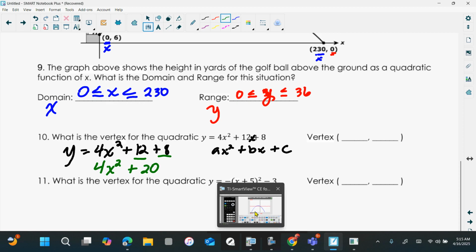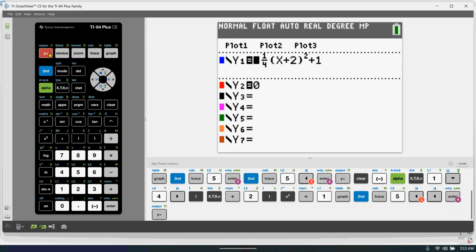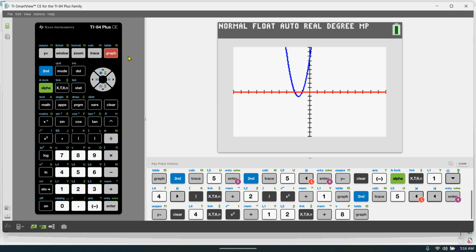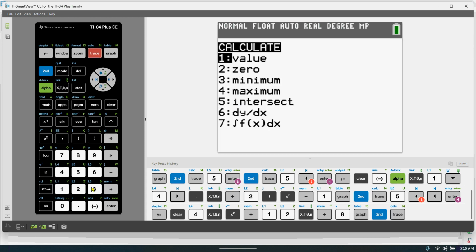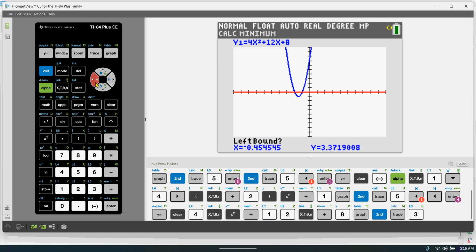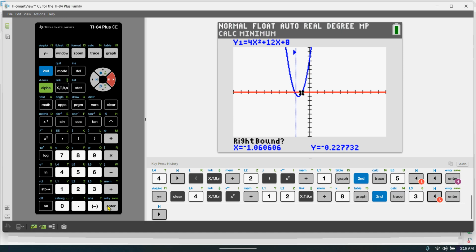Okay, so on the first equation, I'm going to clear this out. We have 4x squared plus the 12x plus 8. And we're going to graph that. And we're going to look for this vertex. And I can use the calculator to do that, which is second trace. And it has a minimum. And I need to move my cursor to the left, enter, to the right, enter.